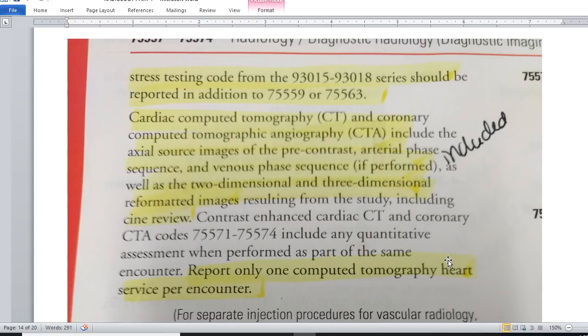Okay, we also have CT and CTA. They tell us cardiac computed tomography and coronary computed tomographic angiography include axial source images of the pre-contrast, arterial phase sequence, and venous phase sequence if performed, as well as the two-dimensional and three-dimensional reformatted images resulting from the study, including sign review.